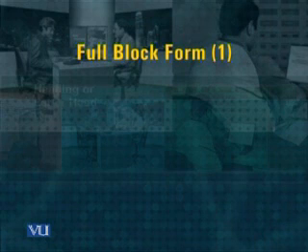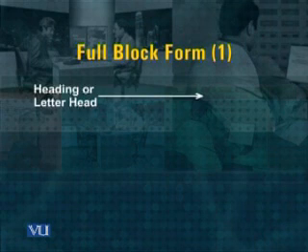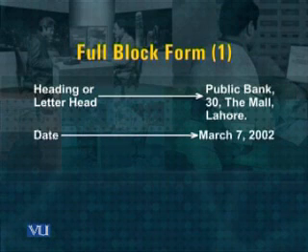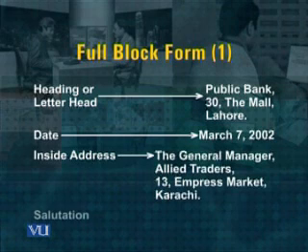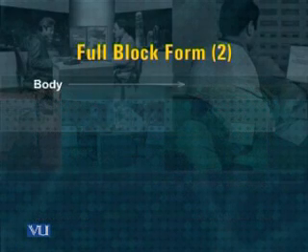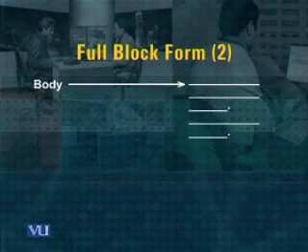So we start from the heading, that is at the top. If we are not using any letterhead, then comes date, double space below it, then comes inside address, double space below it, then comes salutation, double space below it, then body starts and the lines of the paragraphs are blocked.